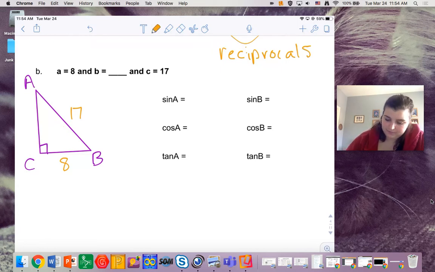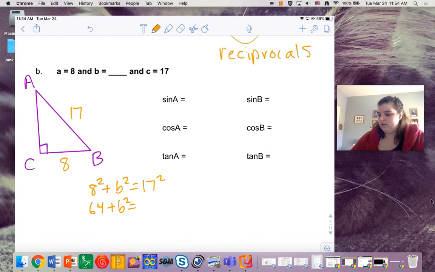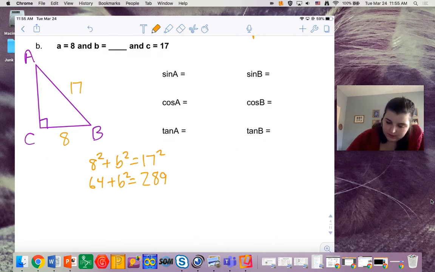Pythagorean theorem. So a squared is 8 squared plus, we don't know what b is, equals 17 squared. So I know that 8 squared is 64. And 17 squared is 289. Okay. Then to solve for the b squared, subtract 64 from both sides.